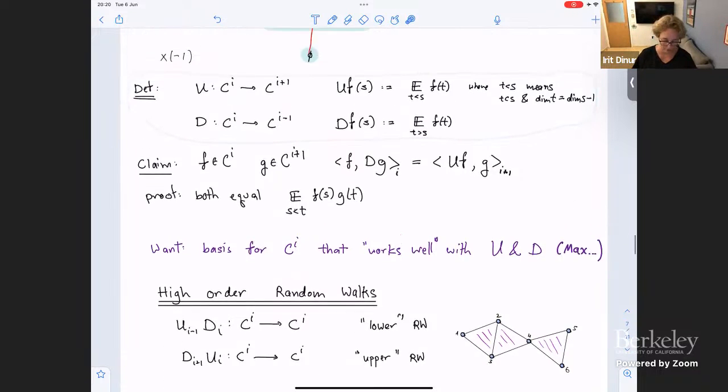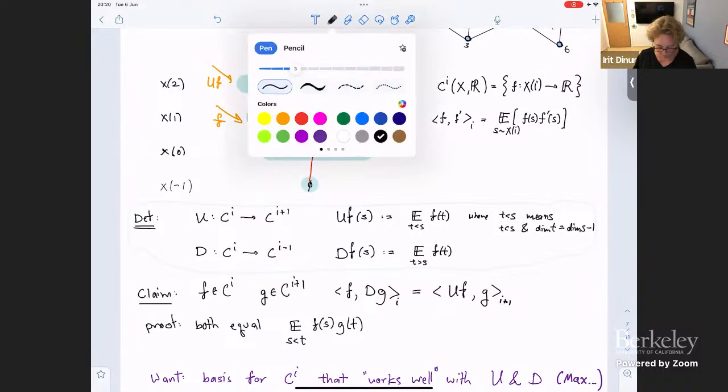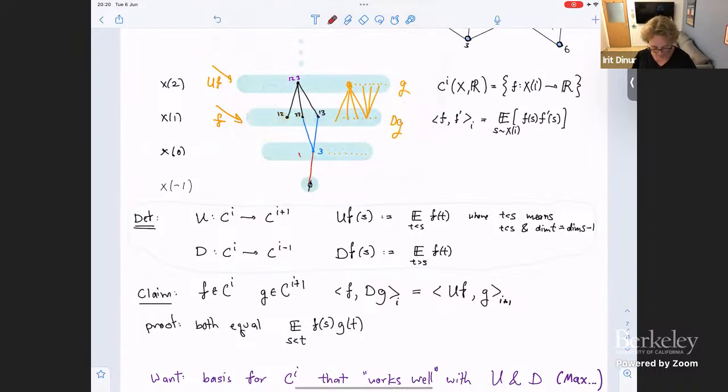If I scroll up here, you can see it in this picture. We added this empty set layer that allows us to go down even from vertices, and every vertex, when you go down from it, you just go to the empty set. So when you go down and then back up, you're basically going to any other random vertex.